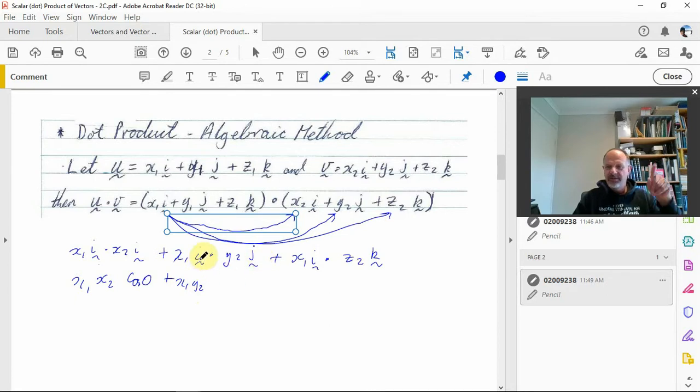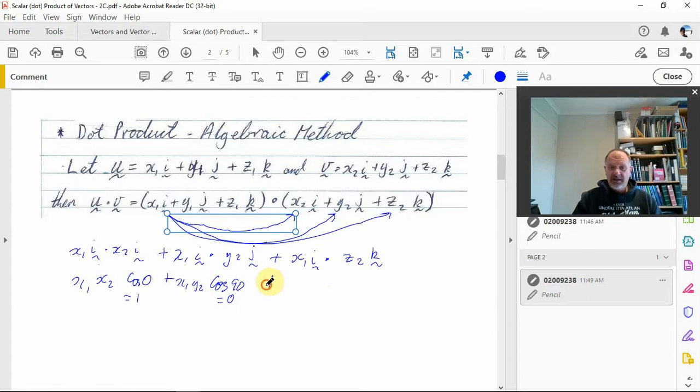Remember, i is in the x direction, j is in the y direction, and by definition they're at 90 degrees to each other, so that's cos of 90. That's not equal to 1, that's equal to 0.